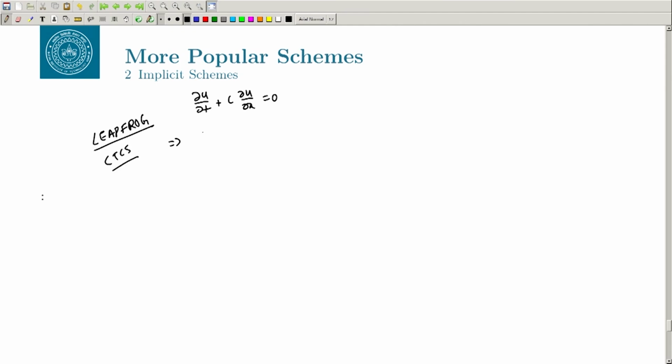So, if you use central in time, this is (u_i^(n+1) minus u_i^(n-1)) by 2 delta t, right, plus C (u_(i+1)^n minus u_(i-1)^n) by delta x is equal to 0, right.